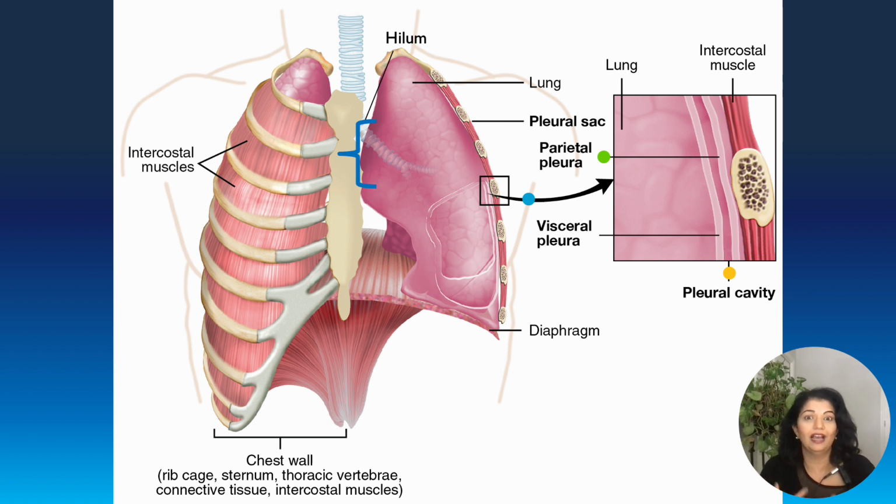Because imagine if you had to encounter friction every time you took a breath, right? Because the lungs are going to rub against other parts of other organs and the walls of the cavity, and that can cause obviously friction and trauma. So that would not be good, right? Who would want to take a breath then? So this lubrication basically helps prevent trauma during breathing, but it also creates surface tension, because that helps maintain the position of the lungs against the thoracic wall.